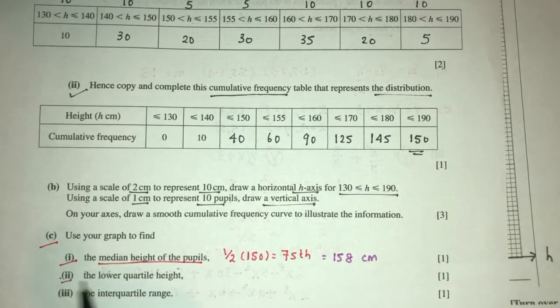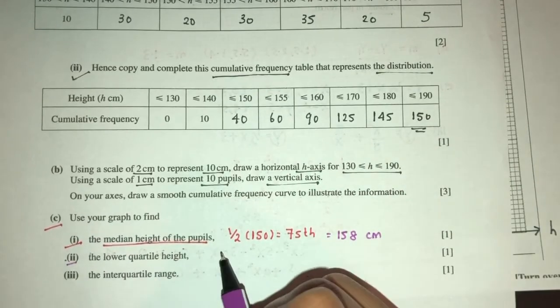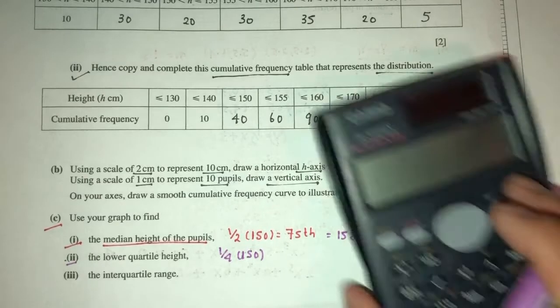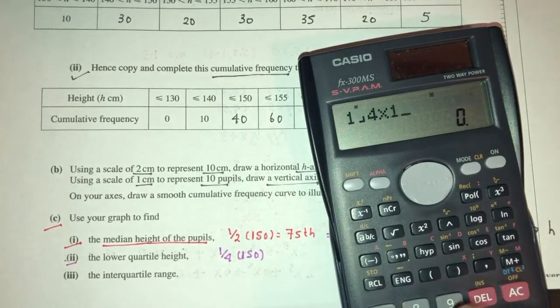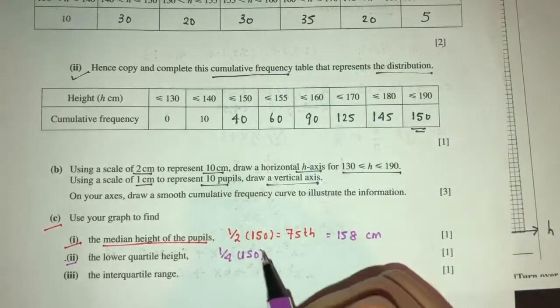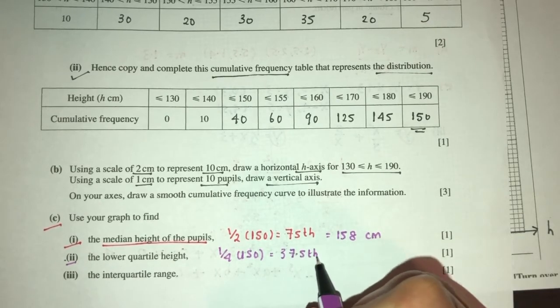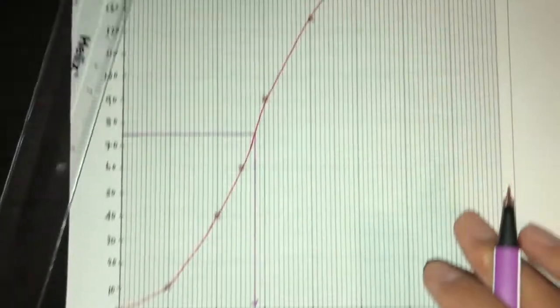Now for part 2, the lower quartile height will be 1/4 times 150. That is the 37.5 value. So let's find that.